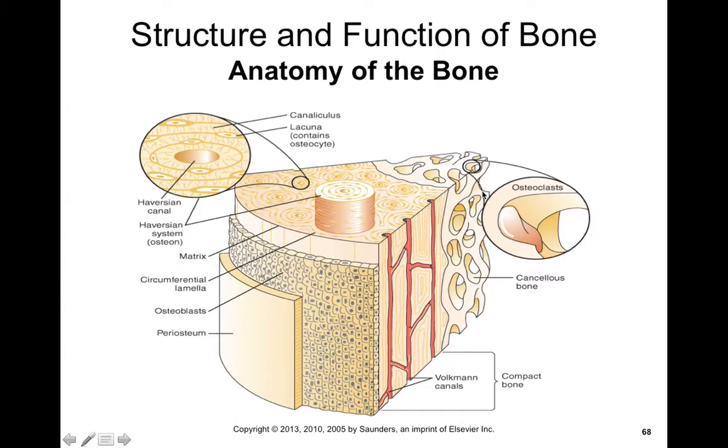Now, the deeper sections of bone are made of spongy bone. And spongy bone is essentially made from the breakdown of compact bone. And so what you're left with is bone that used to be compact, but now has more of a spongy appearance. And it's not broken down randomly. It's actually broken down deliberately by these cells here called osteoclasts.